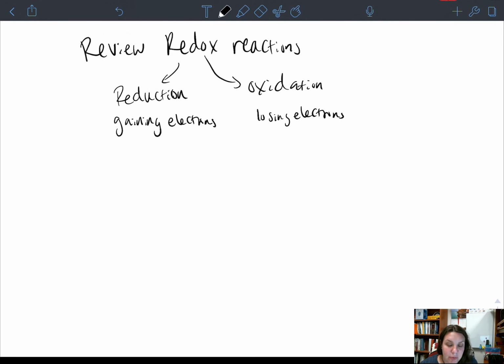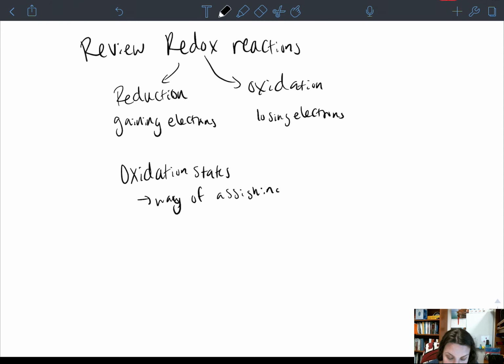We will go over balancing redox reactions in much more detail, but we're also going to be looking at oxidation states. So oxidation states is a way of assigning a charge, assuming completely ionic bonds.